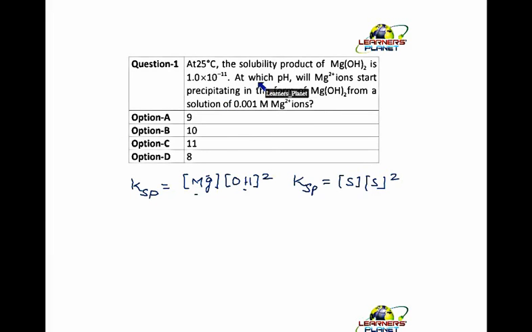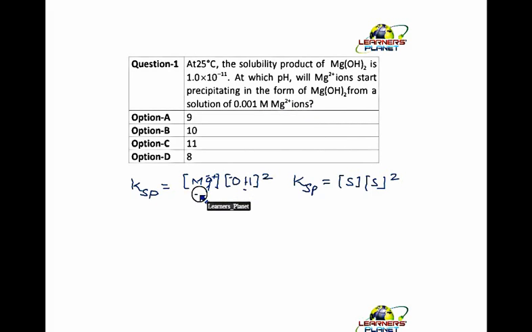Now here, I didn't put the signs over here, OH and this is minus. Now, at which pH will Mg2 plus ions start precipitating in the form of magnesium hydroxide from a solution of 0.01 molar Mg2 plus ions.